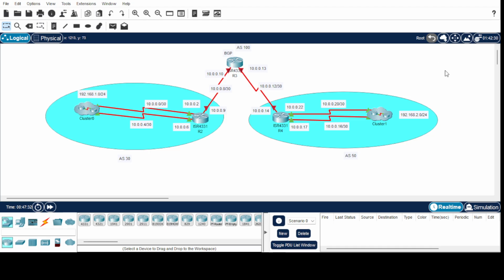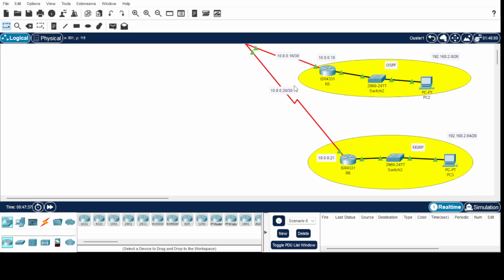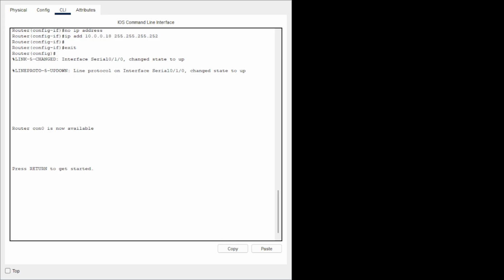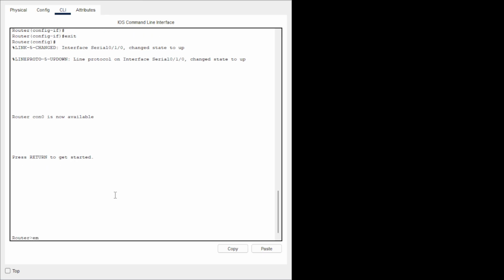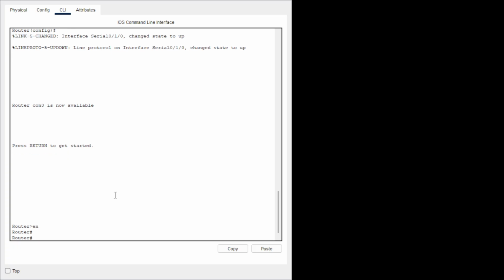Similarly, let's configure cluster 1, router number 5 and router number 6. Bringing back router number 5's main screen. Enable, config t.